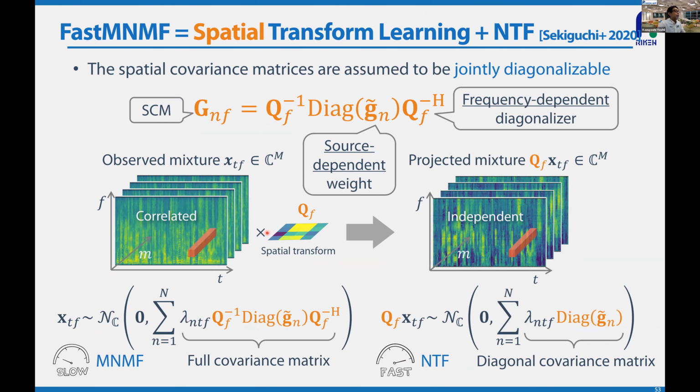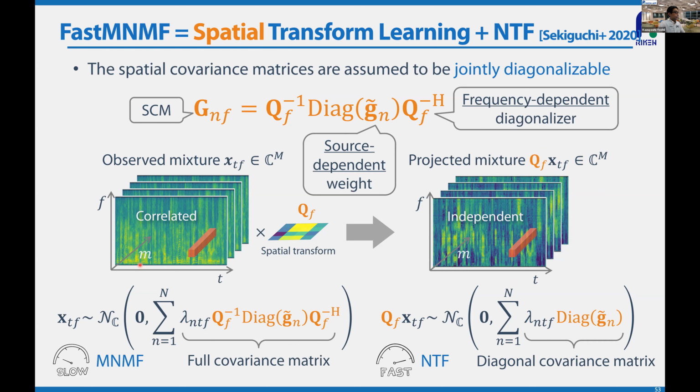Here in this model, using a set of spatial transform matrices, we can obtain a new domain in which all the elements are independent. So this X_TF is projected into another domain by using this equation.